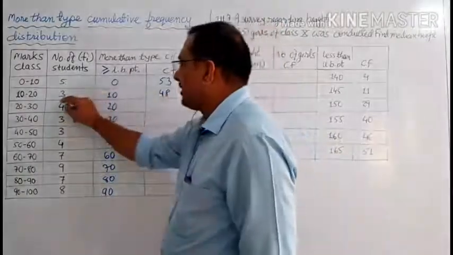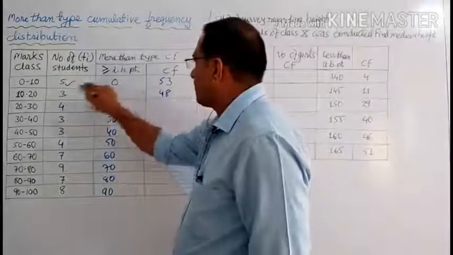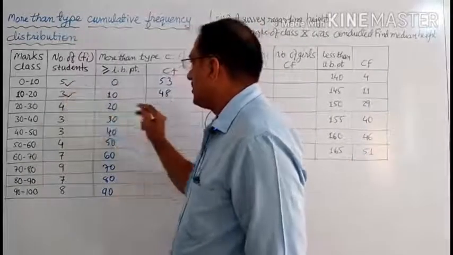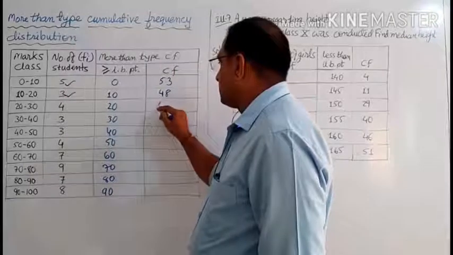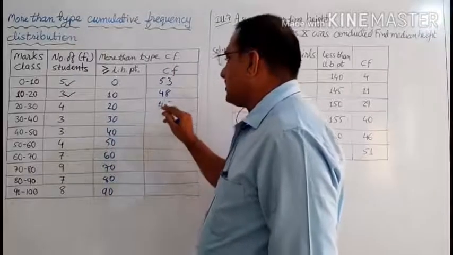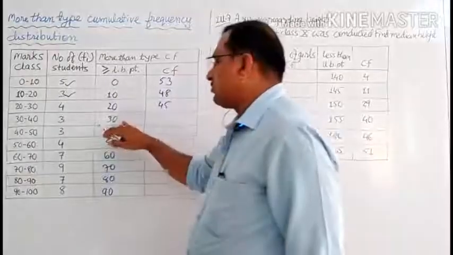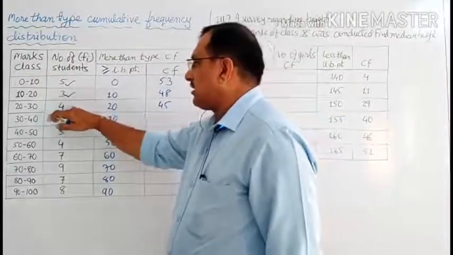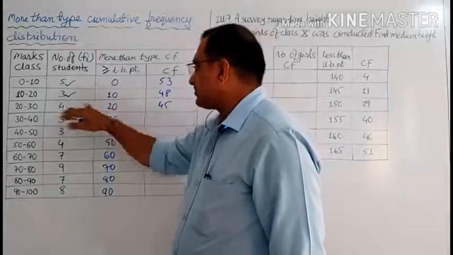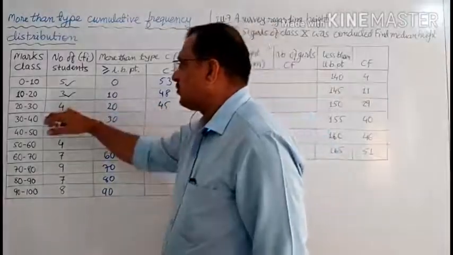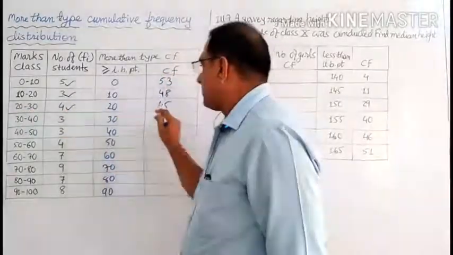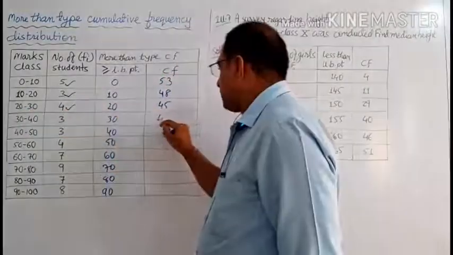So 48 minus 3, there are 45. Similarly we want the students having scored marks greater than or equal to 30. Greater than or equal to 20 there are 45 students. Out of that, 4 students are in the range 20 to 30, so that should be subtracted. So 45 minus 4, you will get 41.